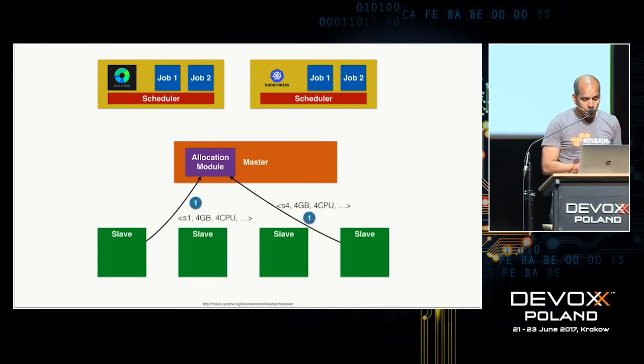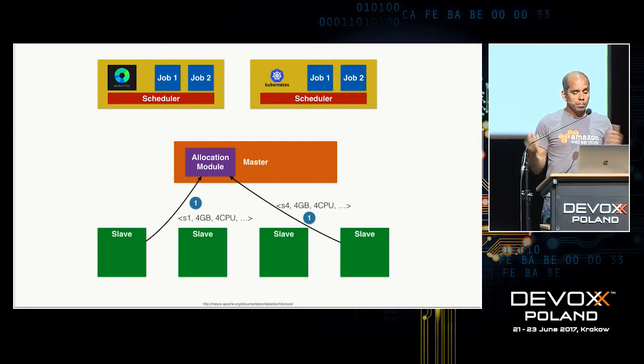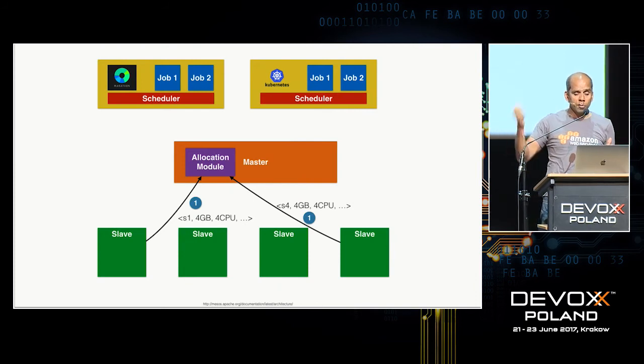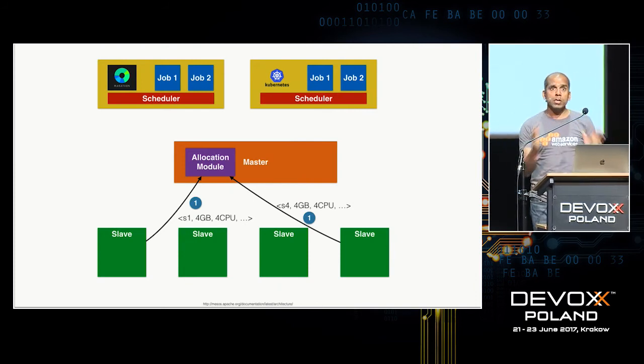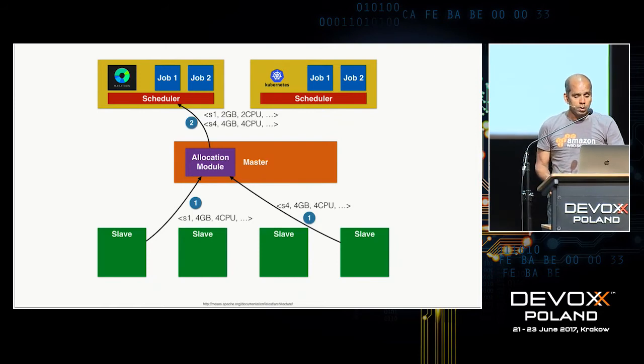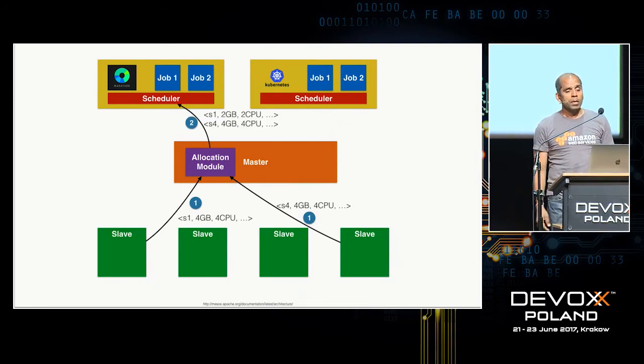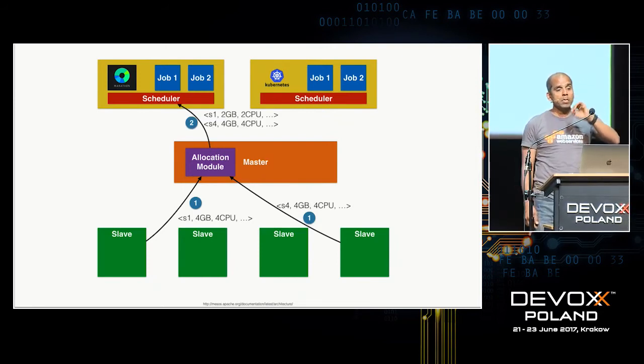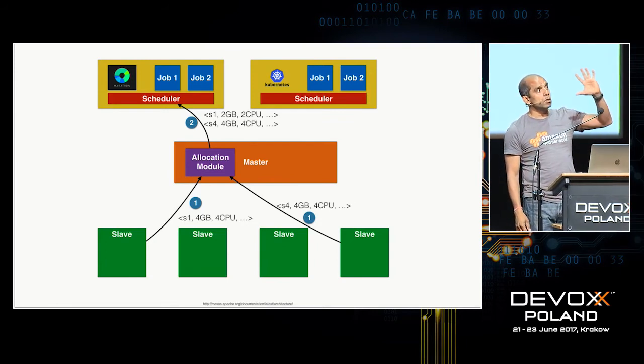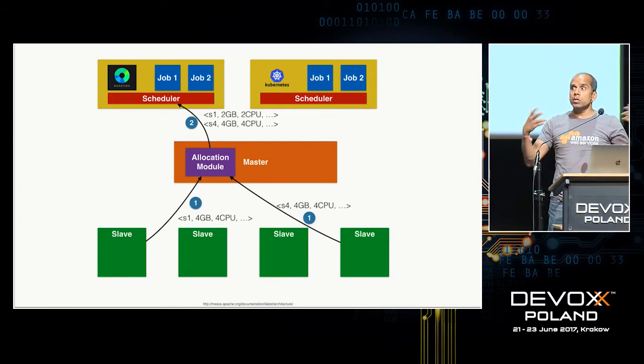So let's say the first slave makes an offer to the master that, okay, I've got 4 GPU, 4 GB, and 4 CPU. And similarly, slave 2 says, I have 4 GB and 4 CPU. So to the master, that's a consolidated set of resources that are available. The allocation module within the master will make a request to the framework that, hey, I've got these 2 offers.